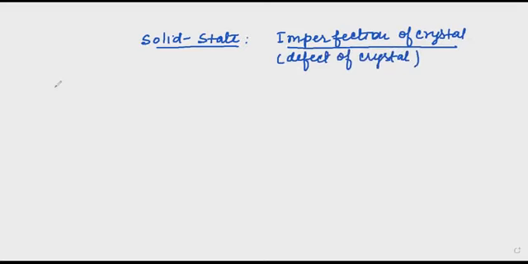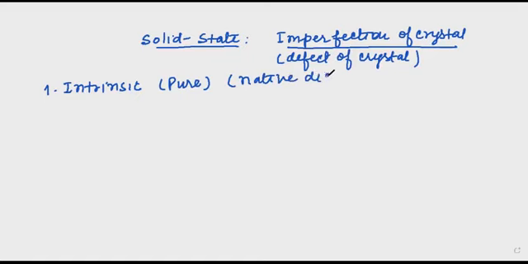These are two types. First one is intrinsic, means pure, or you can say that this is native disorder, means molecules are dislocated from their position in the natural state.